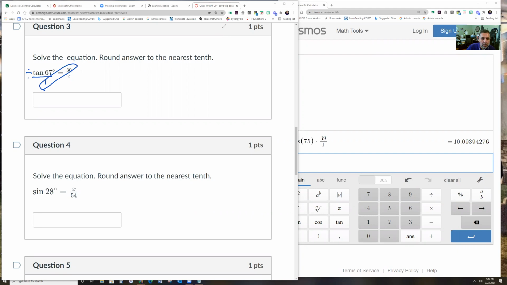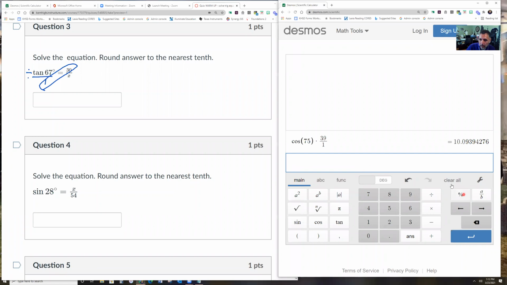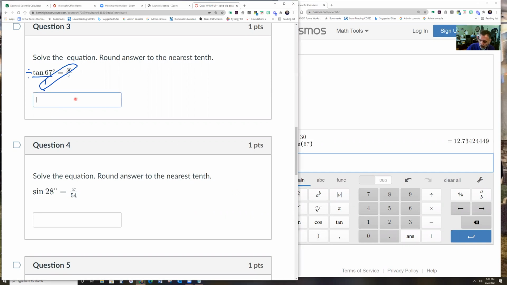So then 1 times 30 is 30. So when I come over here, let me clear this. I have 30 divided by tangent of 67. Close the parentheses, make sure you push enter, and that's 12.7. So in here we put 12.7. Okay, and we're going to go to the next one.